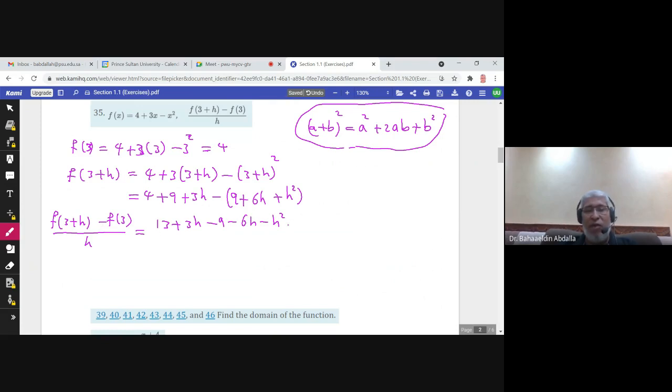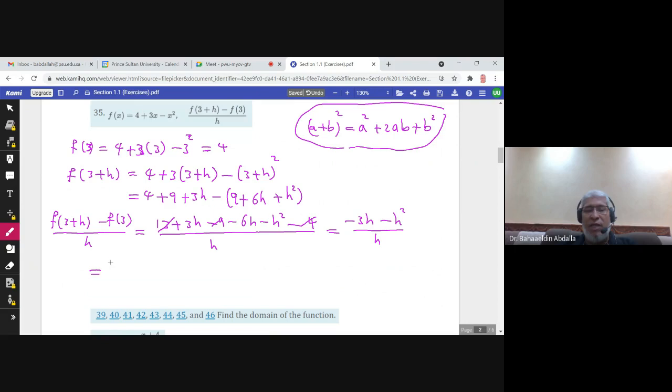Minus f of 3. Well, f of 3 is 4. Okay? Over h. 13 minus 9 is 4. Minus 4 is 0. So these three terms cancel. And 3h minus 6h is negative 3h and negative h squared over h.